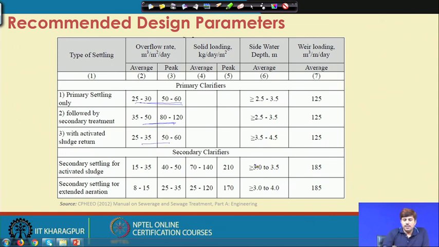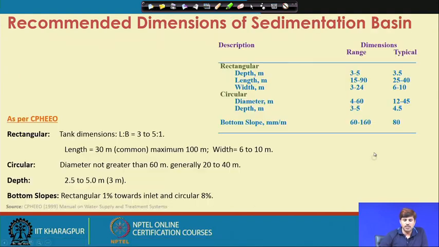So, there are various criteria for weir loading rate, and then side water depth, which eventually controls the depth in the tank. We can use these design parameters for the design purpose and cross checking.